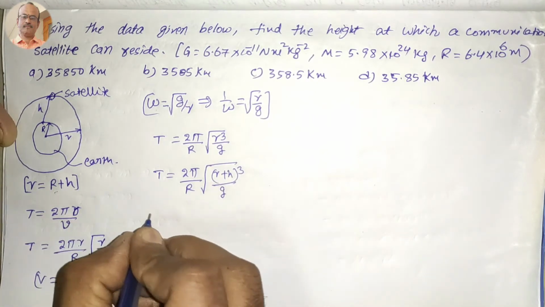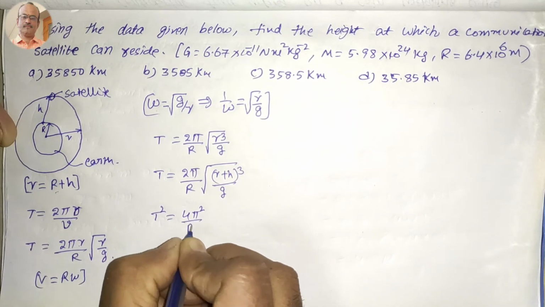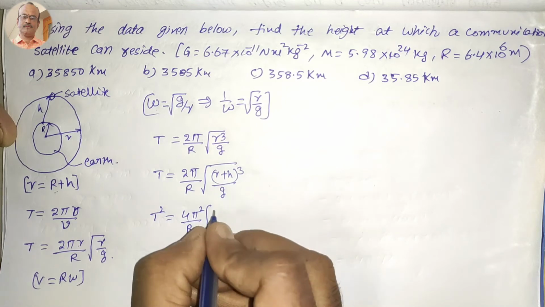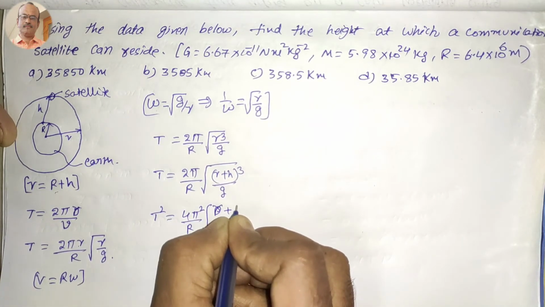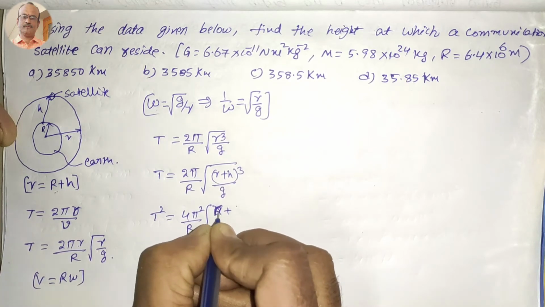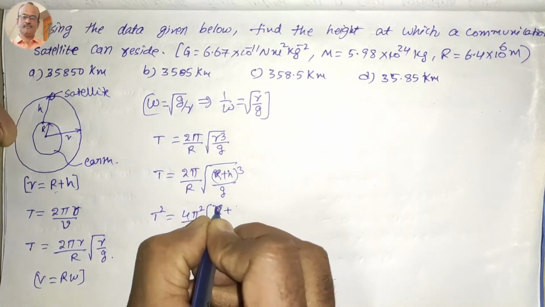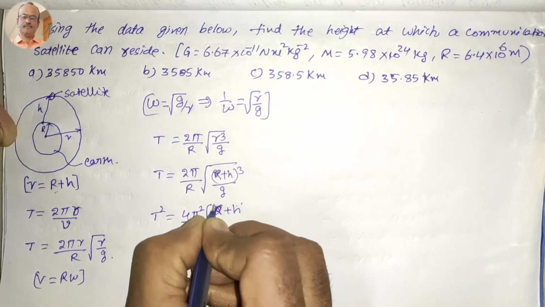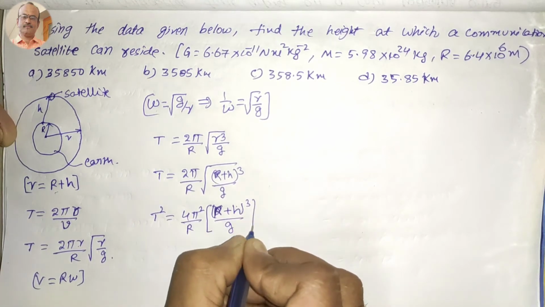So here squaring on both sides. T square is equal to 4 pi square divided by R square times small r cubed divided by g, where small r is equal to capital R plus h. So that means (R plus h) whole cube divided by g.